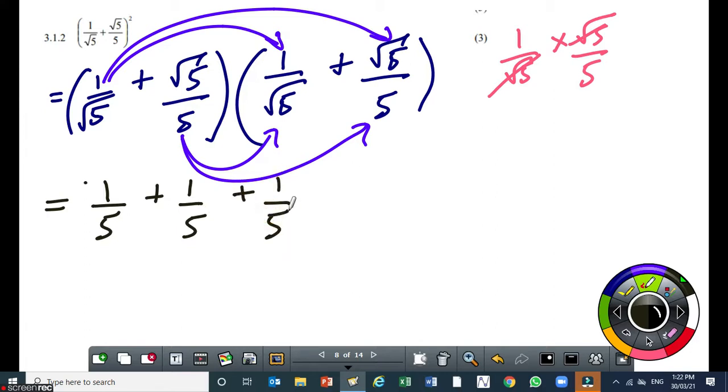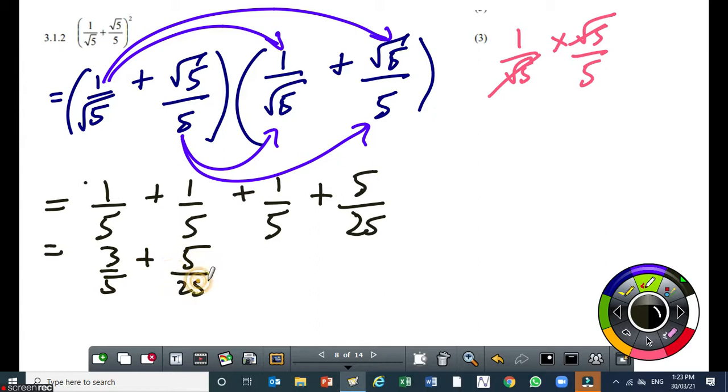Then the last one now, it will be square root of 5 times square root of 5, that's 5, and 5 times 5 is 25. So you end up having 3 over 5 plus 5 over 25. Now 3 over 5 is the same as 15 over 25, so the final answer will be 20 over 25, which is 4 over 5.